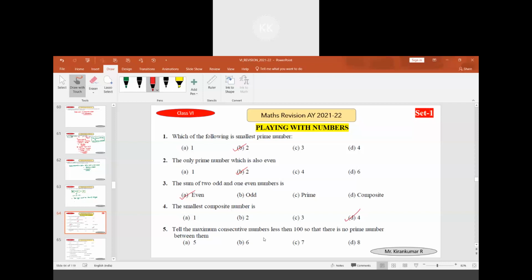Tell the maximum consecutive numbers less than 100 so that there is no prime number between them. 6.